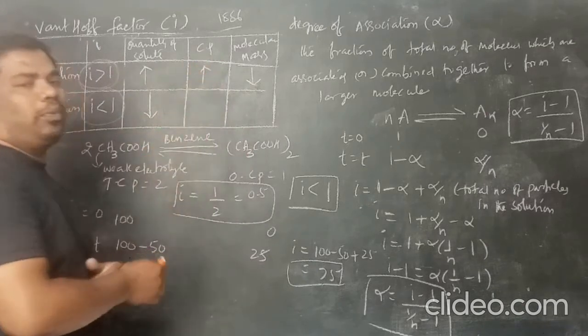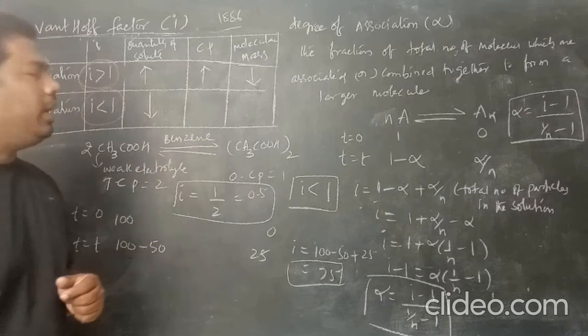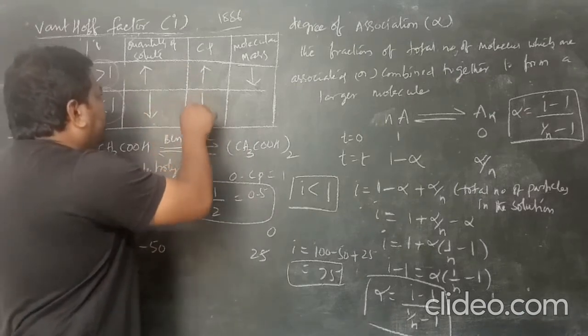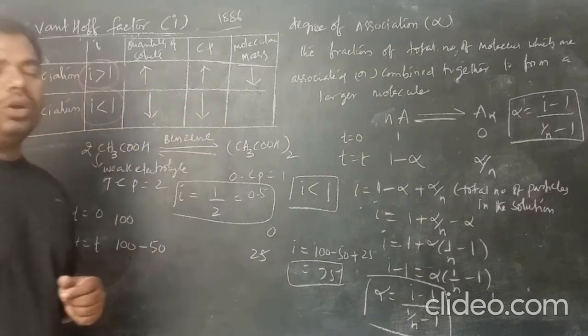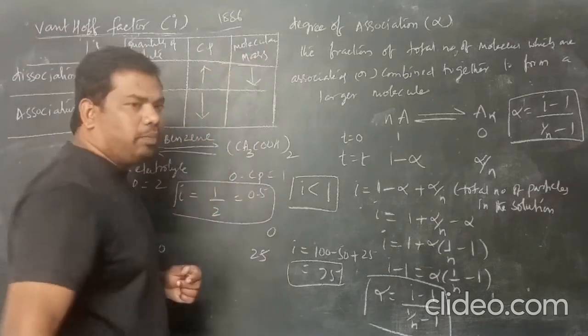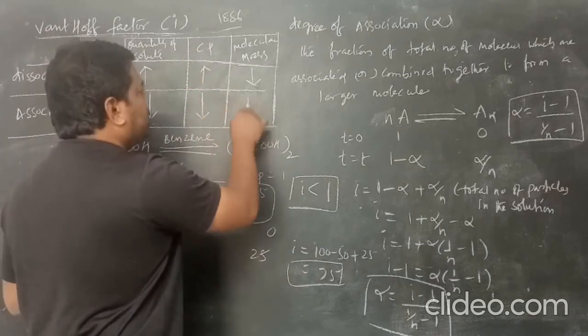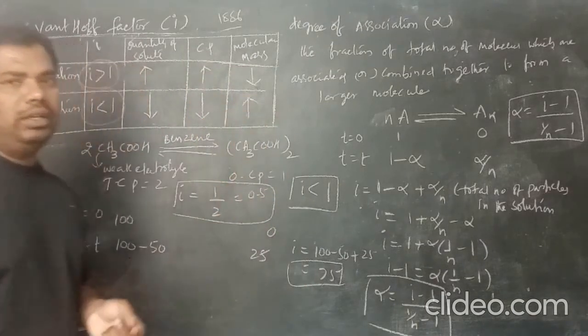The colligative property is directly proportional to the quantity of solute. As the quantity of solute decreases, the colligative properties decrease. The colligative properties are inversely proportional to the molecular mass. If the colligative properties decrease, the molecular masses increase.